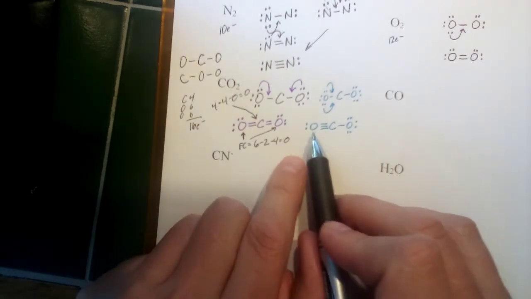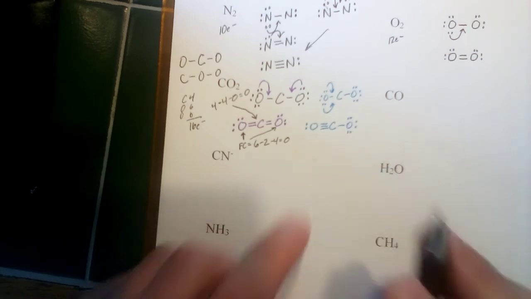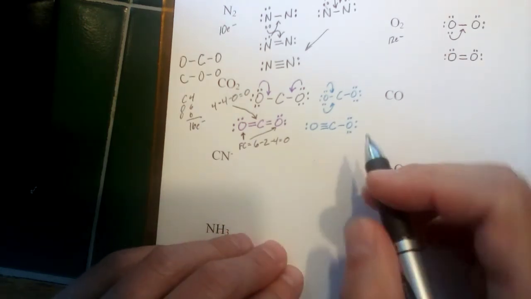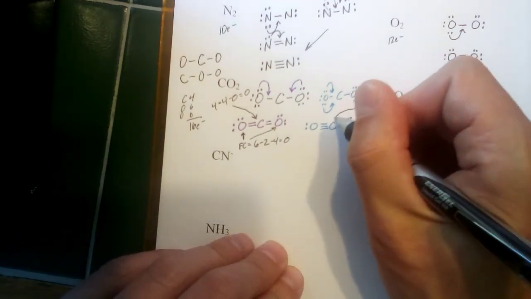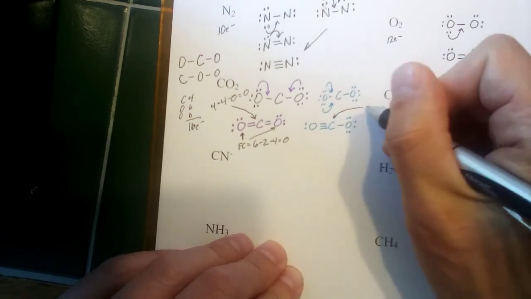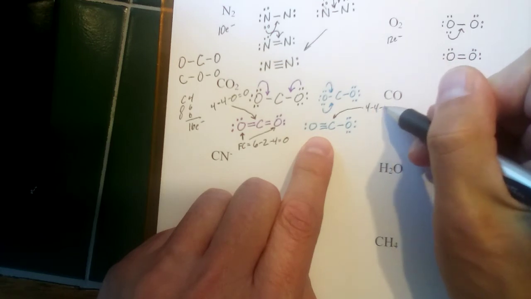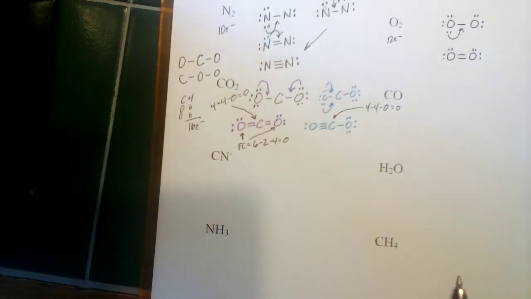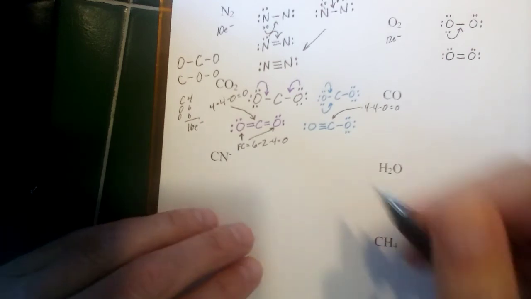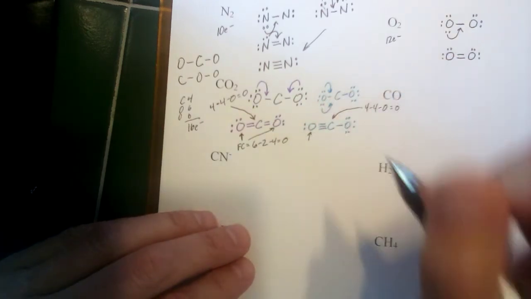But let's see maybe where we can identify this structure as not so great. Looking at the carbon first, 4 valence electrons for carbon. There's 4 bonds there, minus 4, no non-bonding electrons. Well, that's still a fine looking carbon in terms of what we want in a structure. But let's look at the oxygens.